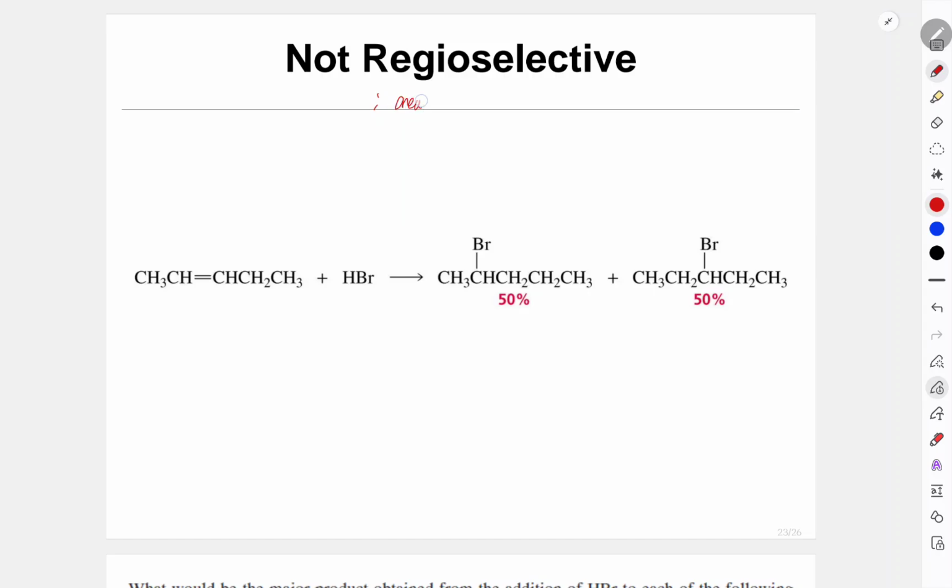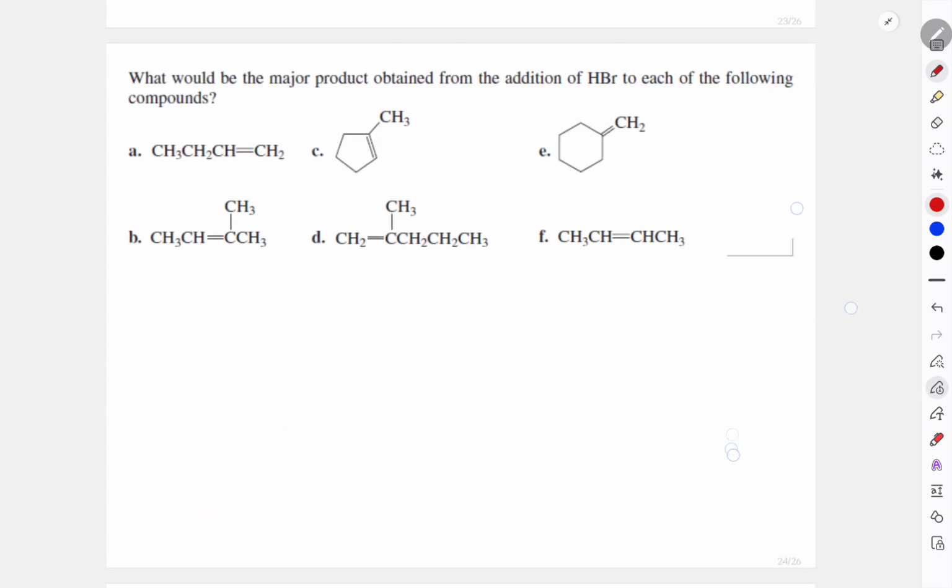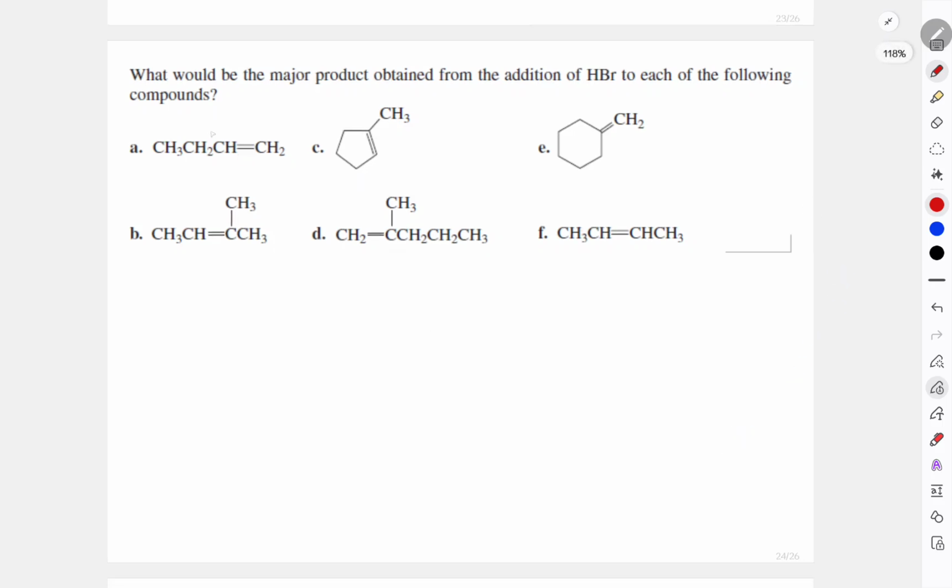What is the major product obtained from the addition of HBr? This is the reagent for the following. If you remember, the first step is the electrophilic addition of the proton, generating a carbocation. Then you can answer easily. So this should be the spot to generate the secondary carbocation, and the proton should add here to generate this tertiary carbocation.